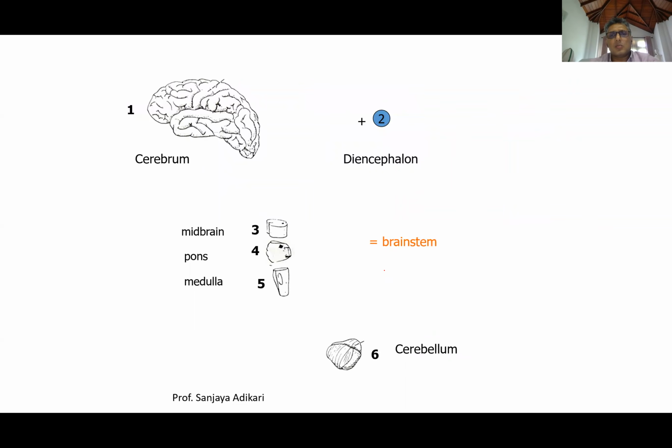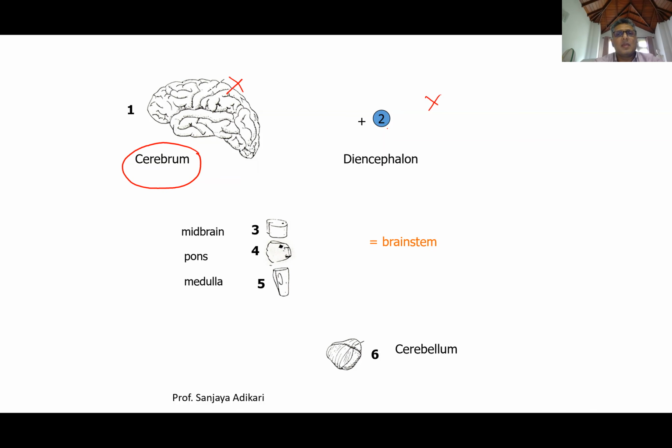But this classification is more relevant, where you take the term cerebrum. Instead of forebrain, you use the term cerebrum, and then the cerebrum will have the cerebral hemisphere and the diencephalon.